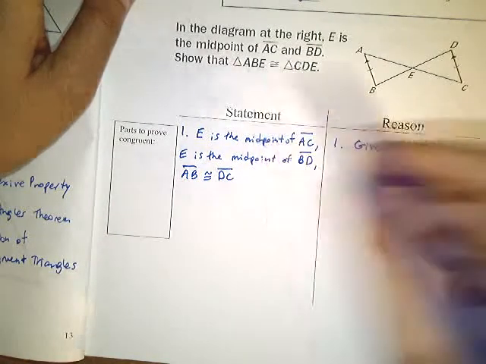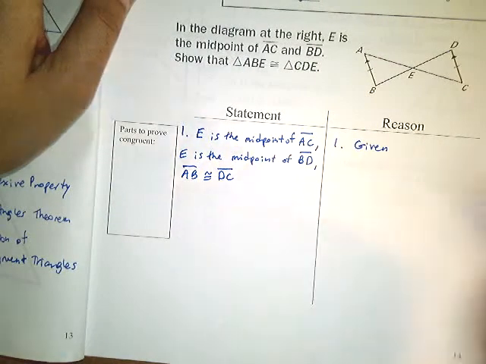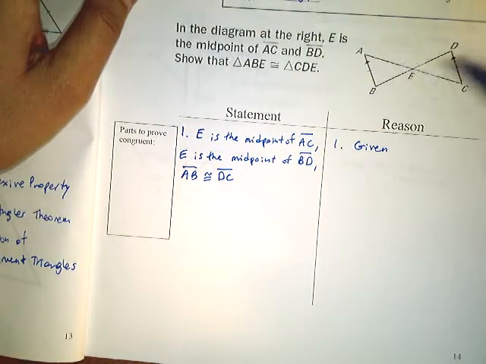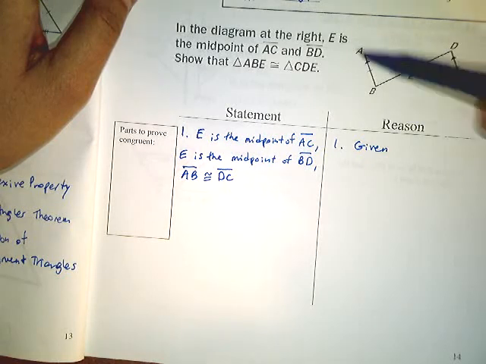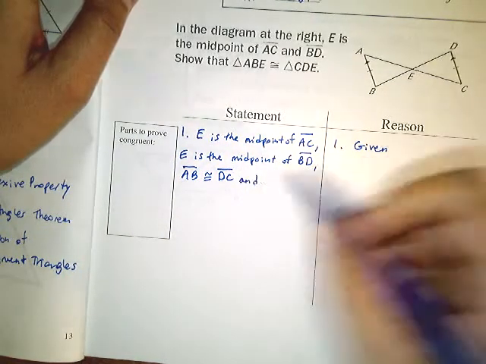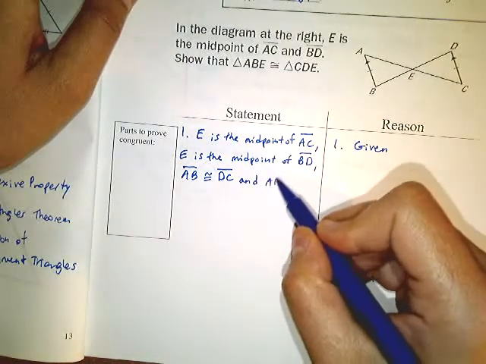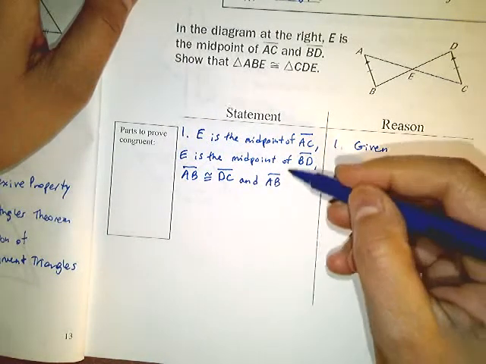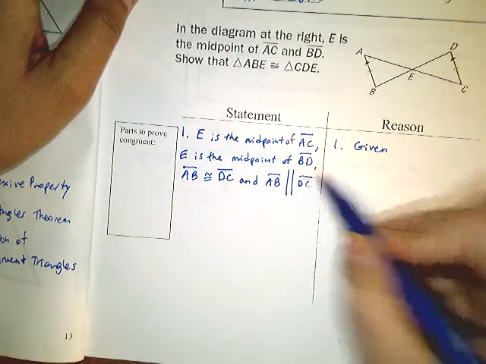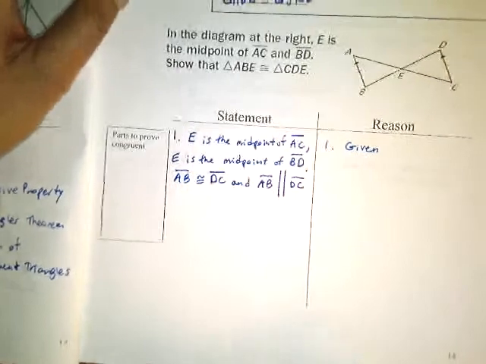Even if it's not written out in words, if it's on the diagram, you can use it. I noticed that I have little arrows right here and here. That means that this side right here is parallel to that side. So I'm going to say that side AB is parallel to side DC.